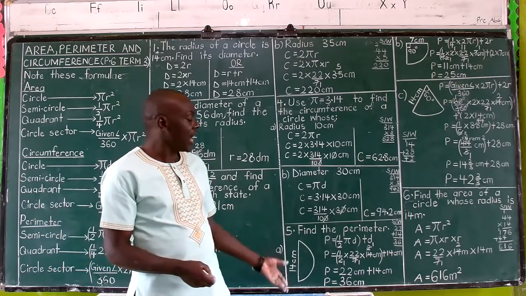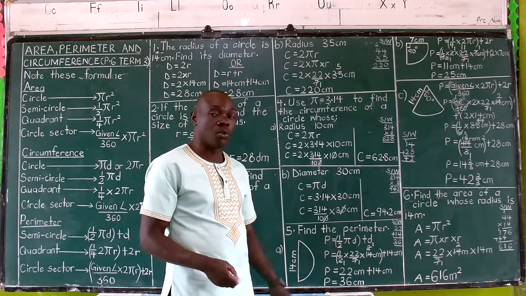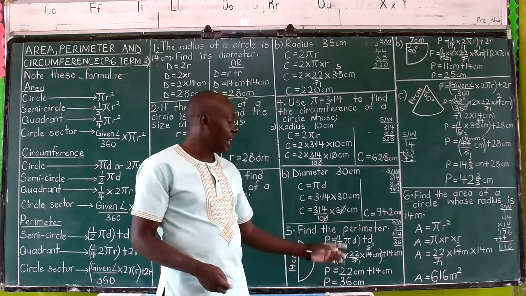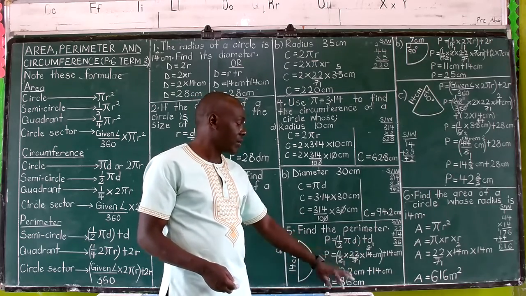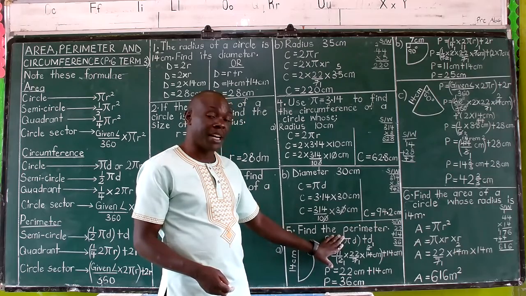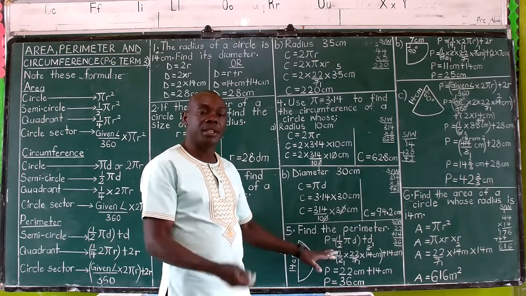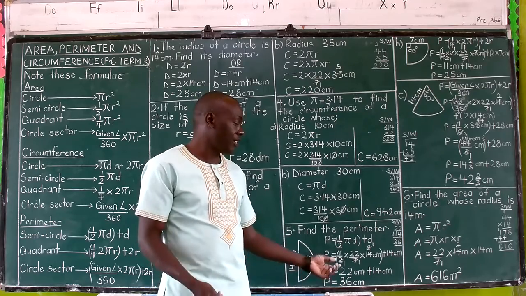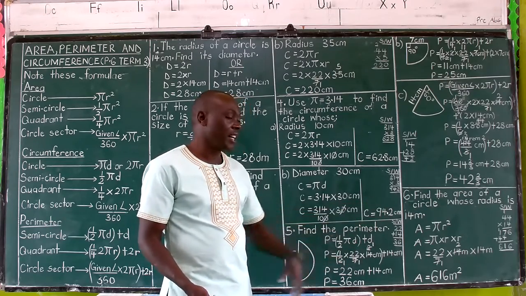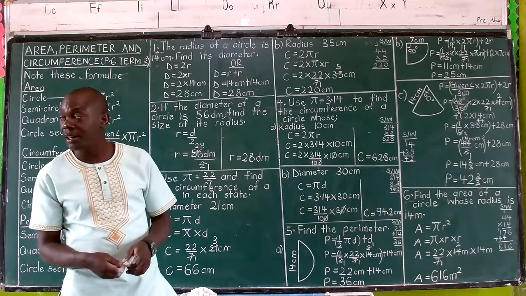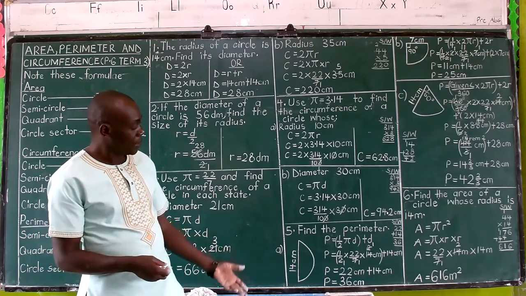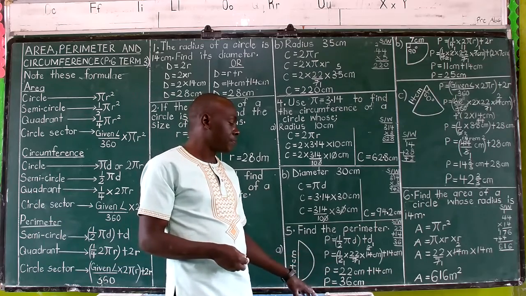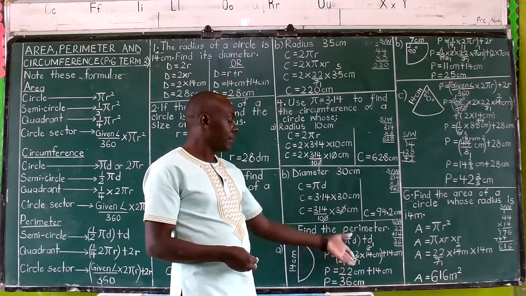So a half pi d is half the journey around the circle, plus the diameter. Remember, the journey around the circle is pi d, so half pi d is half the circumference, plus the diameter, to give the perimeter of a semicircle. And remember, half pi d means half times pi times d, then later plus d.